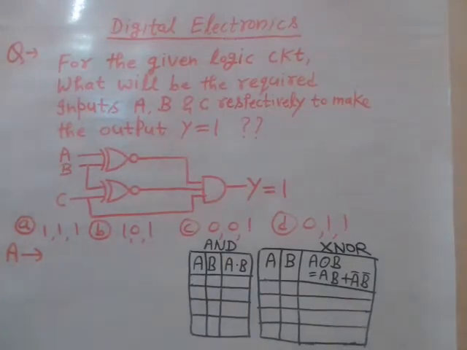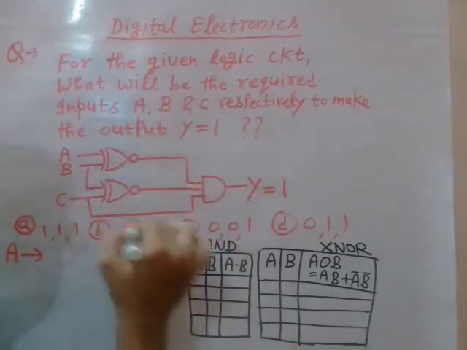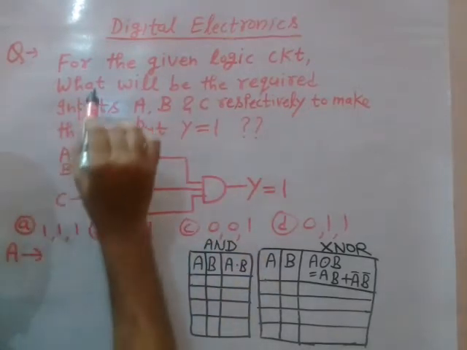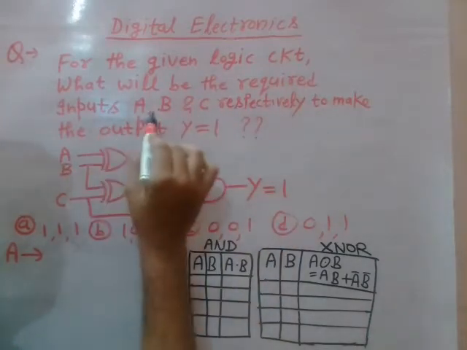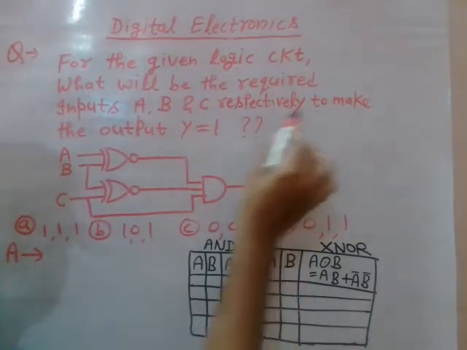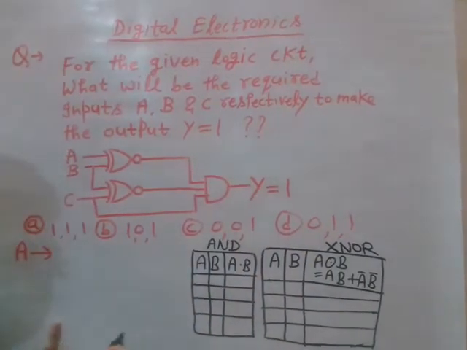Alright? You understand the question? This logic circuit is given to you. He is asking what will be the required inputs A, B and C respectively to make the output y equal to 1. So that is the condition.